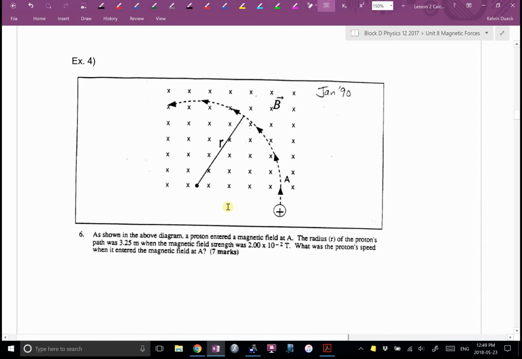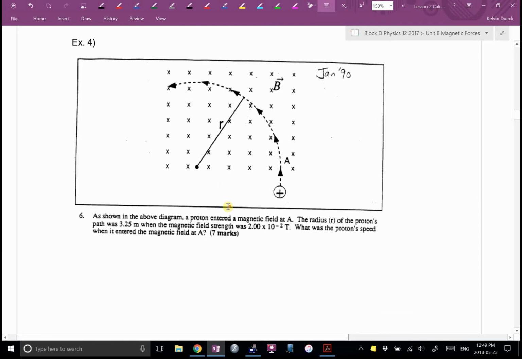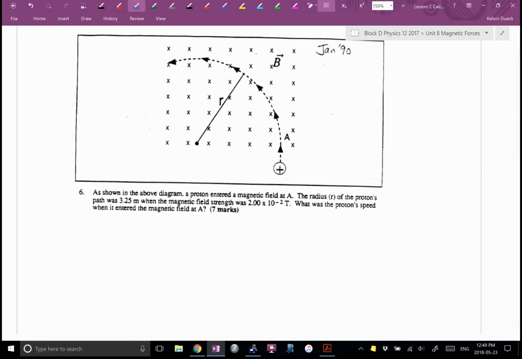Okay, so I agree with the physics. Kevin, what does this want me to find? The speed that enters the magnetic field. What path is this proton tracing out? So magnetic force is what's pushing me in a circle. QVB equals mv squared over r.